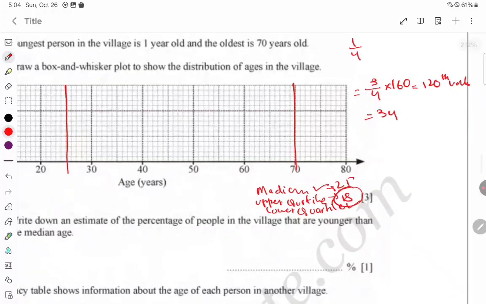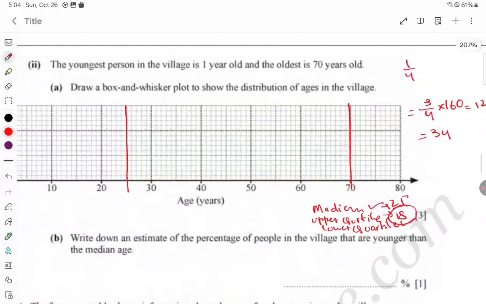So on 18 mark a line. This is 11, 12, 13, 14, 15, 16, 17, 18. On 18 mark a line. On 34 mark a line.